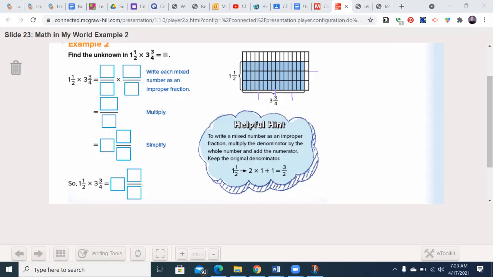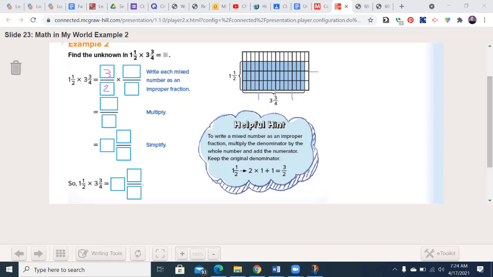So let's go ahead and try doing it using improper fractions. 2 times 1 is 2, plus 1 is 3. That's 3/2. And that makes sense because this is a whole one. So our denominator has to be 2 here, and there's 1, 2, 3 halves. There you go.